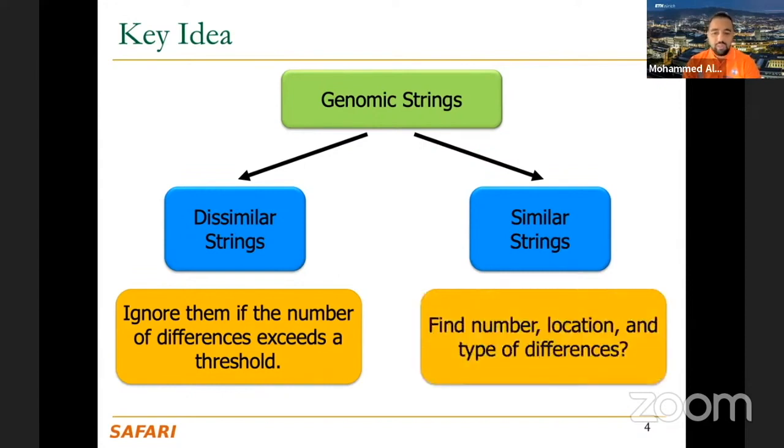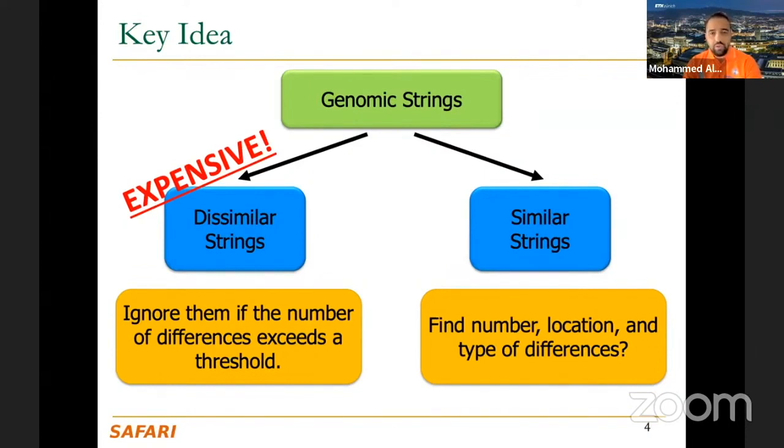If they are similar, we want to find the exact location of each edit operation that we record in what we call a CIGAR string. A CIGAR string is a representation of the number and the location of these edit operations. Calculating dissimilar sequences is always expensive. Why? Because we are always going to trash whatever computation we did.